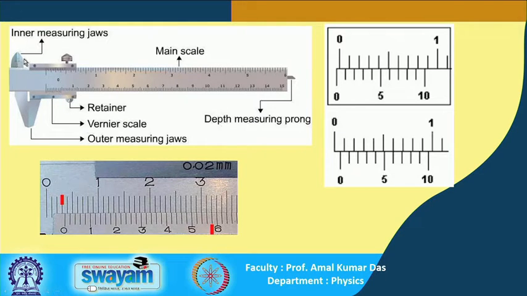This upper jaw is called the inner measuring jaws, this one is called the outer measuring jaws, and this tail is called the depth measuring prong or tail. And then this is the main scale and this is the vernier scale.